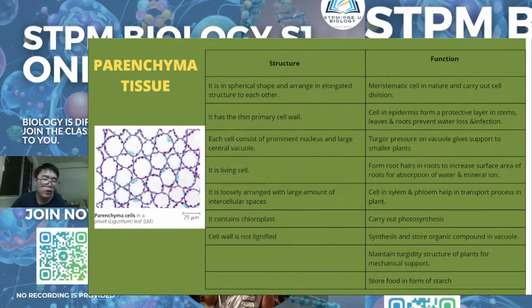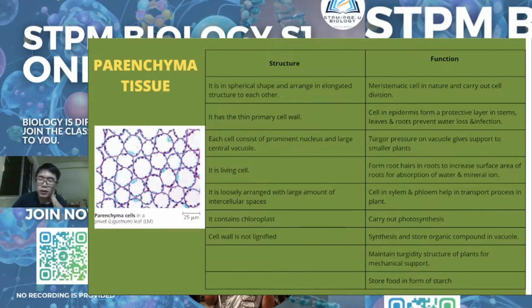Why? Because in one year the exam wanted you to state 7 functions of the parenchyma tissue in an essay question. There was one year, I don't know which year, just previous years, maybe 2020 or 2021. I already forget.